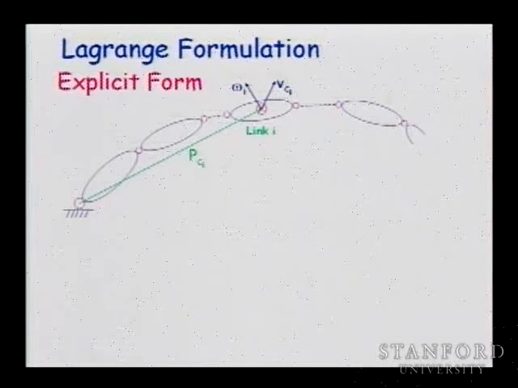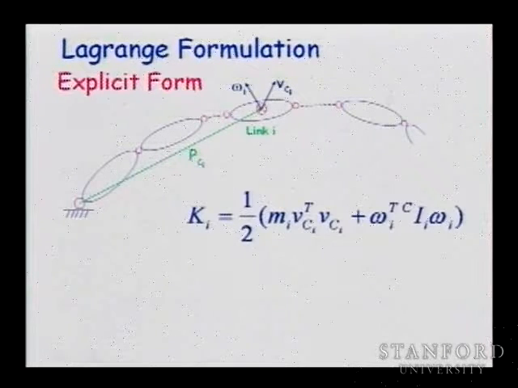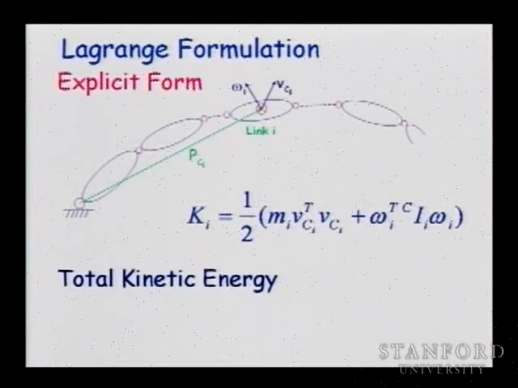So if you have a velocity v and omega at the center of mass, you can write the kinetic energy associated with this moving mass and inertia of the rigid body. And simply by adding the kinetic energy of these different links, you have the total kinetic energy of the system.